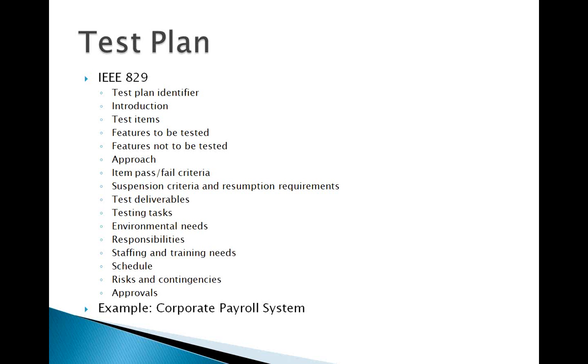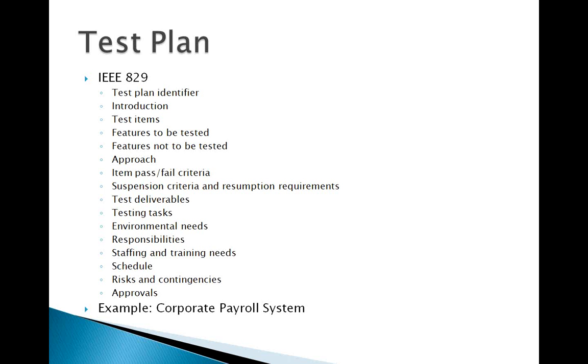And then item pass fail criteria, that is, what is our criteria for items getting passed and items getting failed. So let's say for the bookmark feature pane in the browser, what are the top level things that must pass, and if they fail, then we say that this feature will not be certified, things like that.